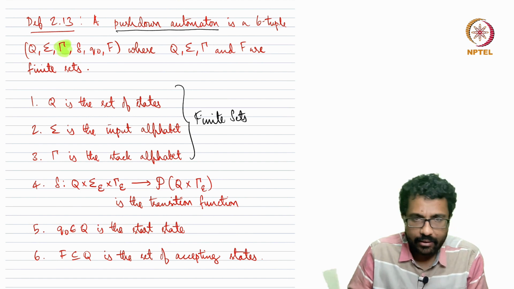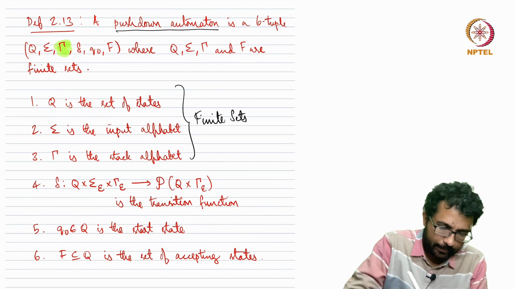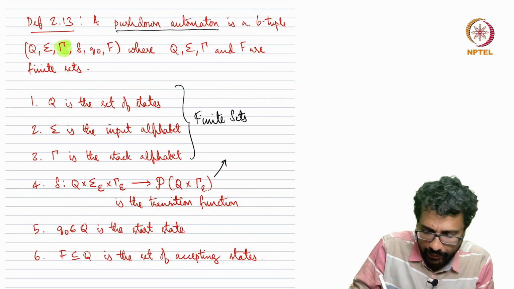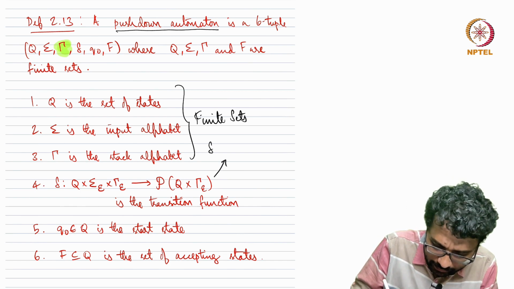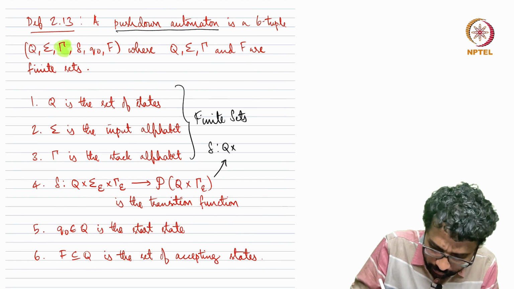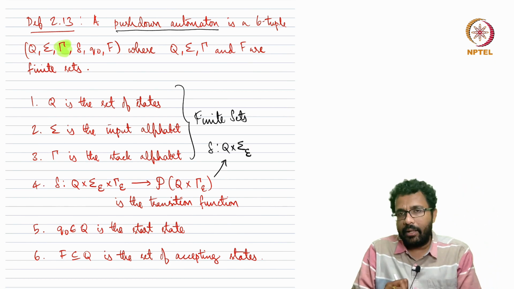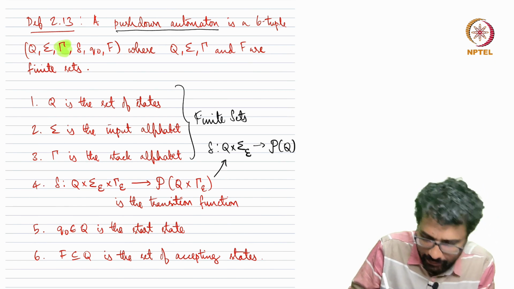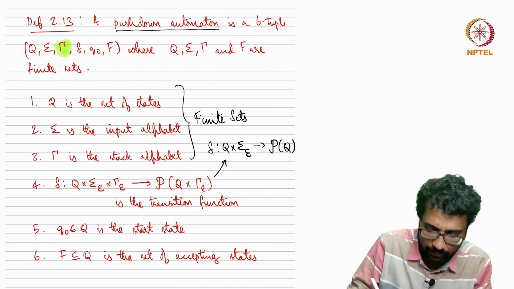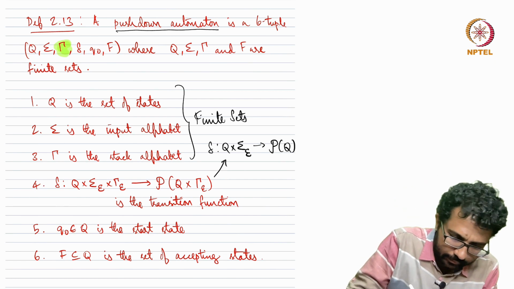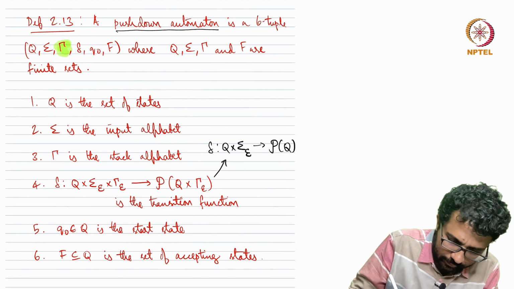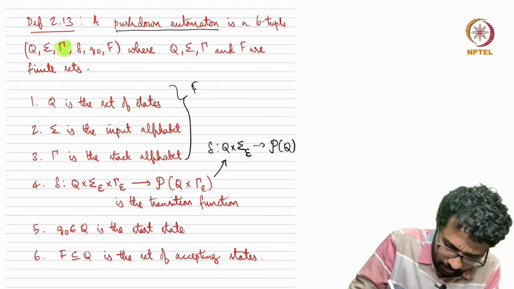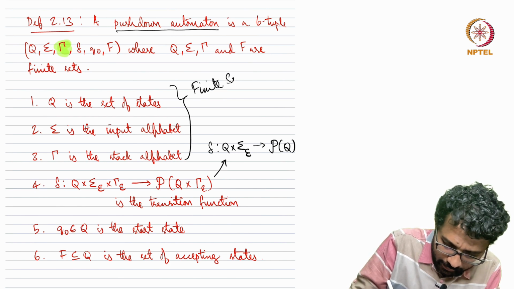So the main thing that is going to be different is the transition function, right. So in the case of an NFA, the transition function was like this: delta, Q cross sigma, going to a set of states, right. These are finite sets.